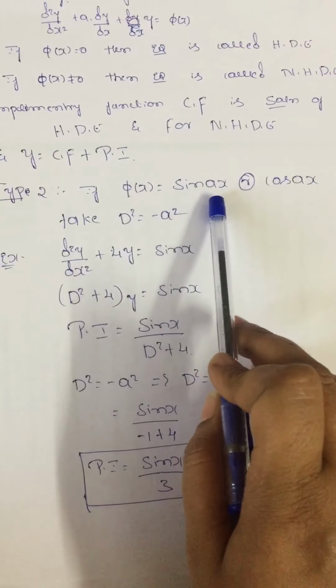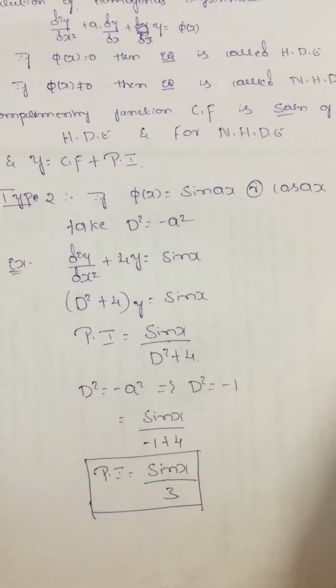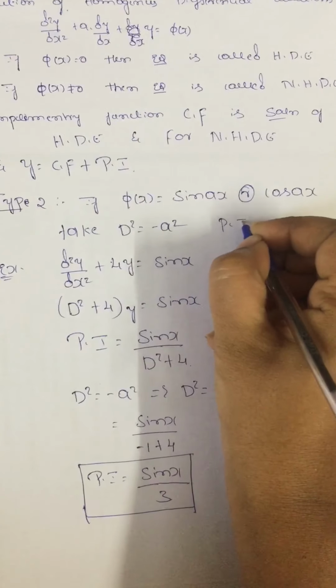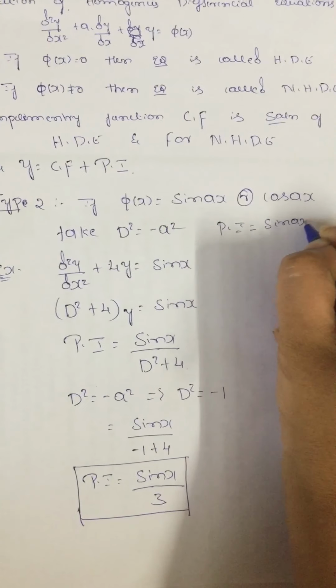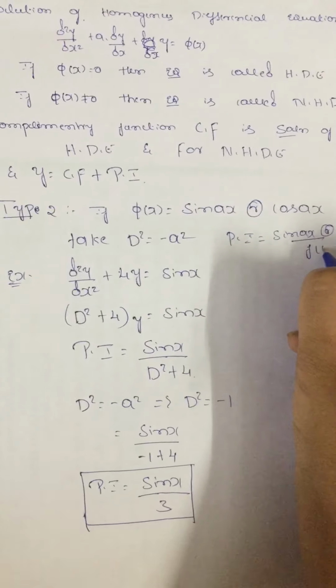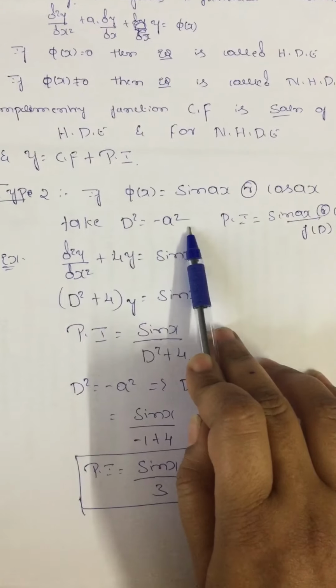If the RHS phi of x is sin ax or cos ax, divided by f of D, then we have to take d square is equal to minus a square.